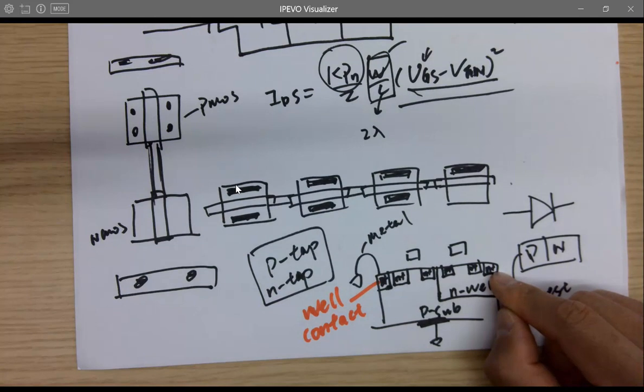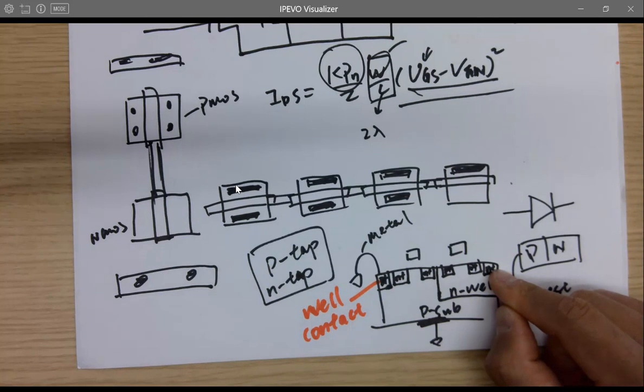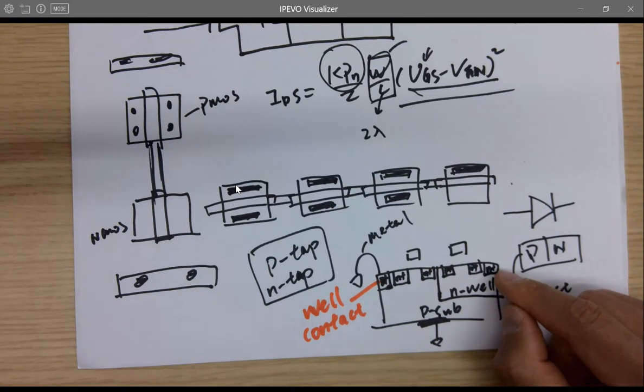Okay. So that N-type must be an N-type material, right? N+ material, in order to make the contact with N-well, which is the body of the PMOS.